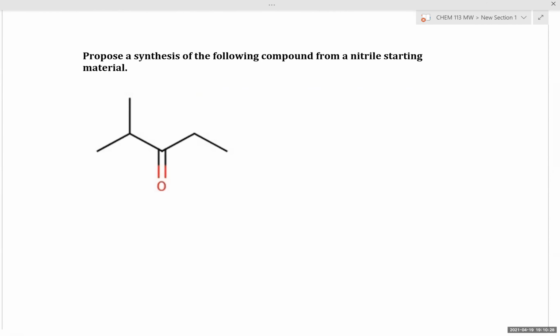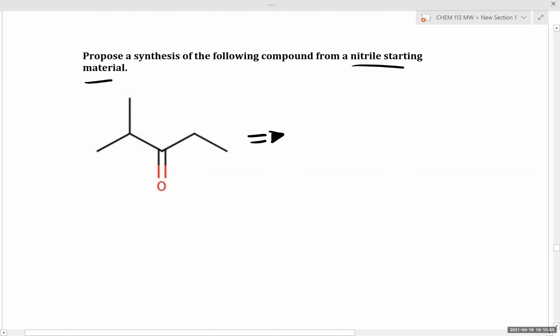So what I'd like us to do is to take a look at the following asymmetrically substituted ketone, and I'd like us to try to propose a synthesis for this ketone from a nitrile starting material. Okay. So retrosynthetically, we're trying to trace back this ketone into a nitrile starting material.